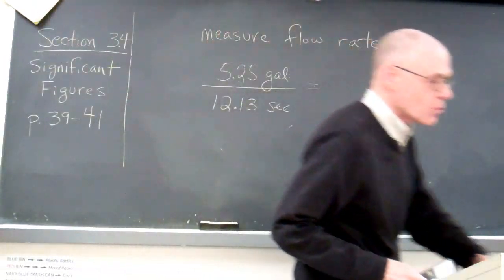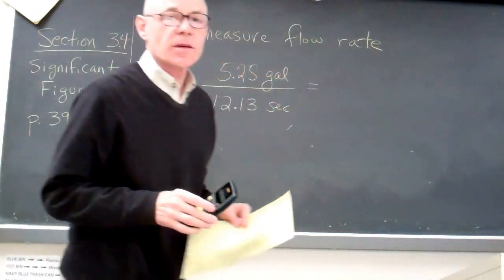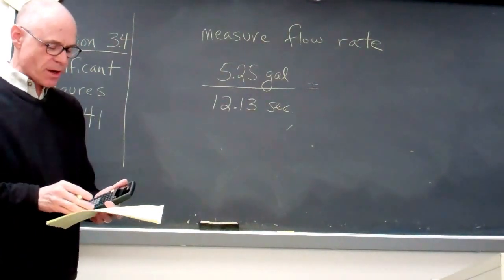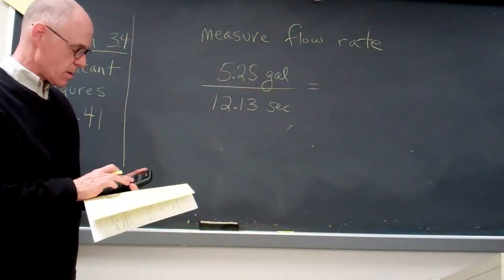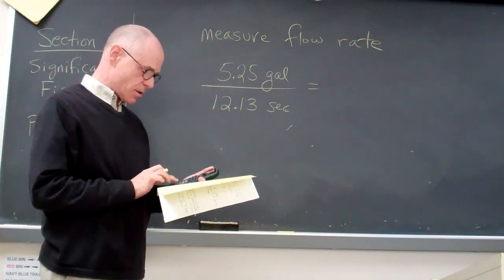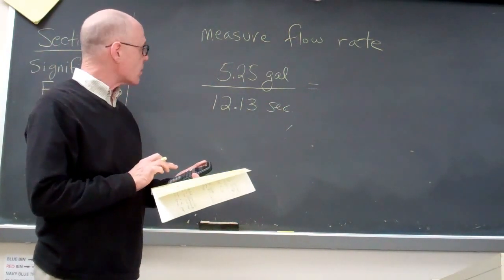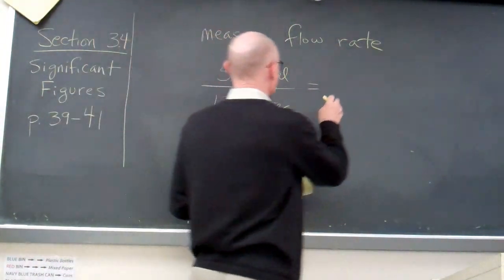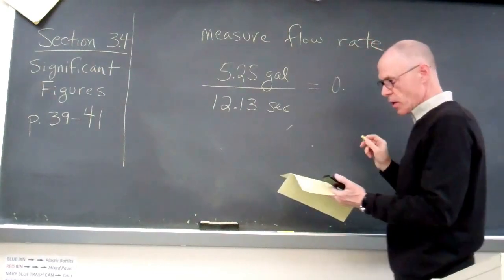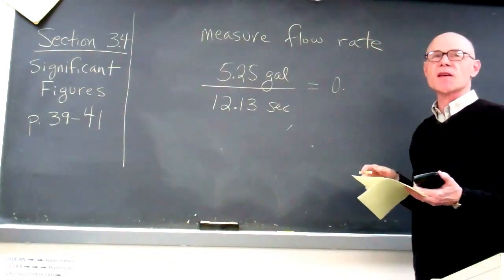All right, did you get a calculation, and what is your calculator telling you? Let me try that again to make sure I get the right answer. Here's what my calculator's showing. Every calculator might not be the same.